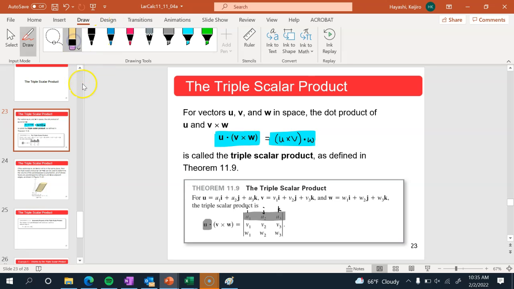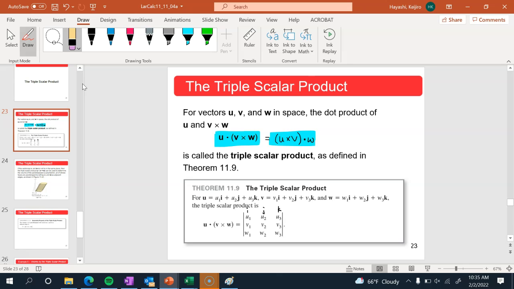But if we were to then take the i, j, and k components of the cross product and dot them with u, we'd be multiplying the i component times the first component of u, because that's how the dot product works. You multiply the first component with the first component, second with the second. So the i component would get multiplied by u1, the j component by u2, and the k component by u3.